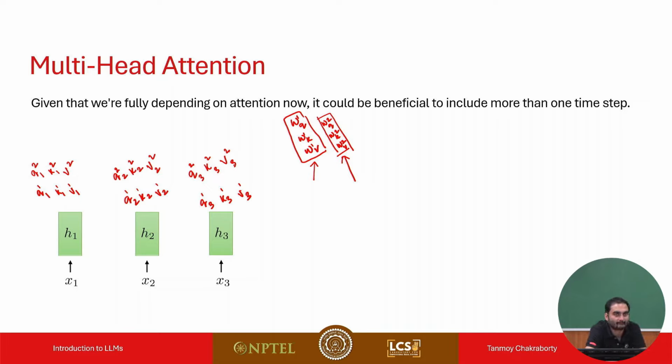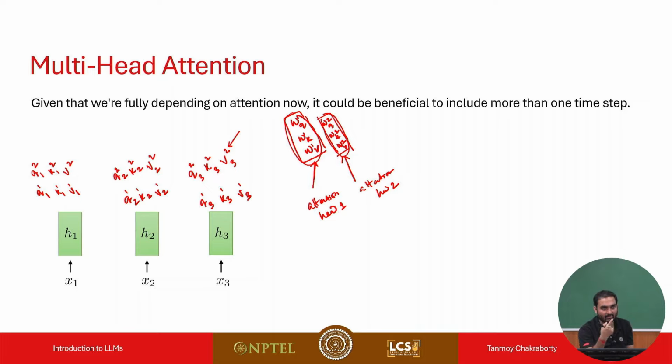Is this clear? Each of these sets of parameter matrices is called an attention head. So this is attention head 1, and this is attention head 2.